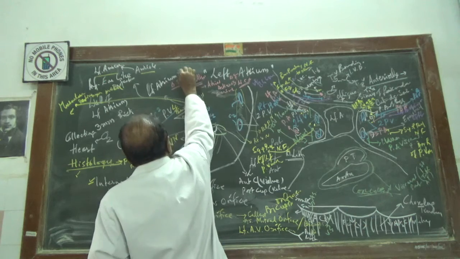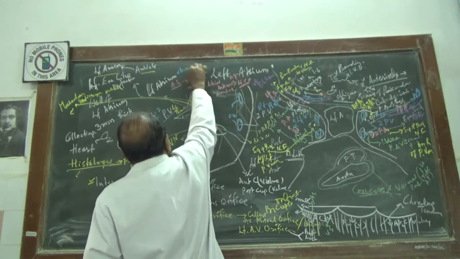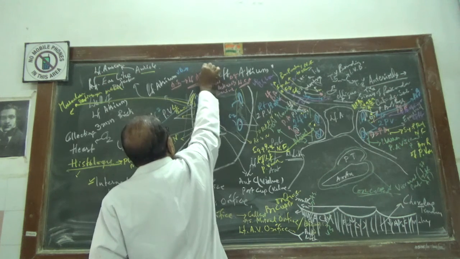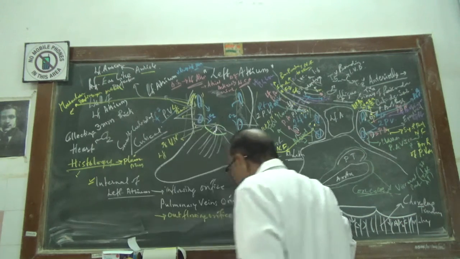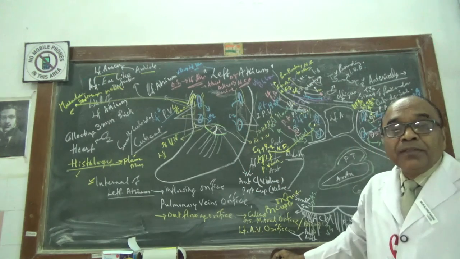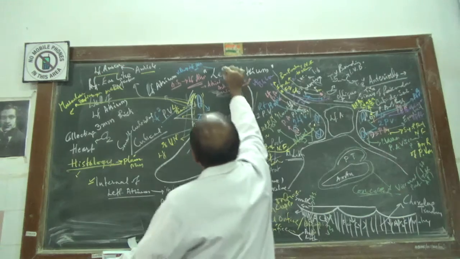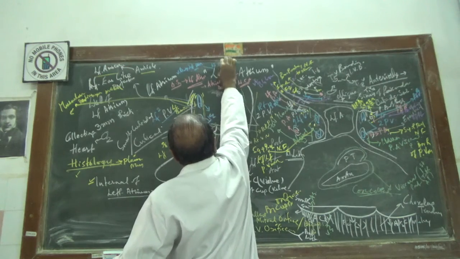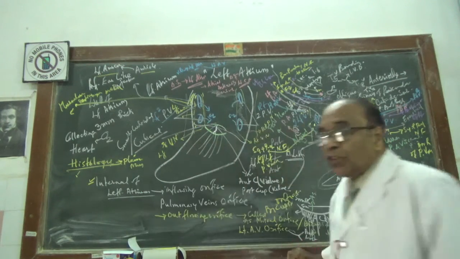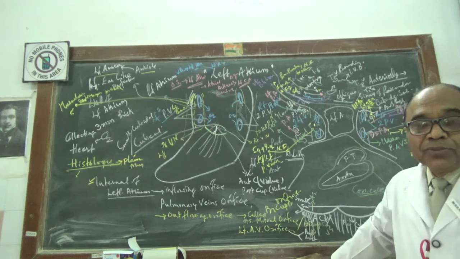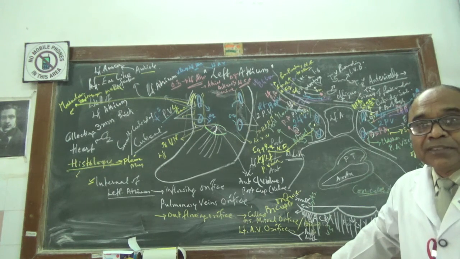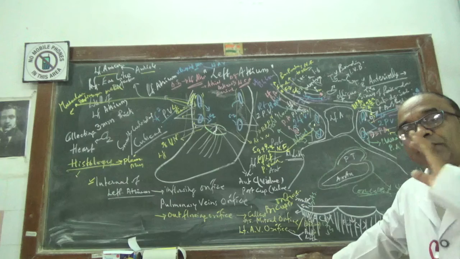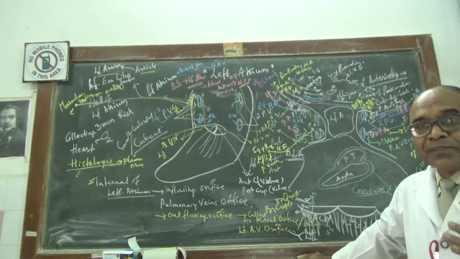Venous drainage of the left atrium is by the left atrial veins, which altogether open into the small veins of the heart, and then collect into the coronary sinus.